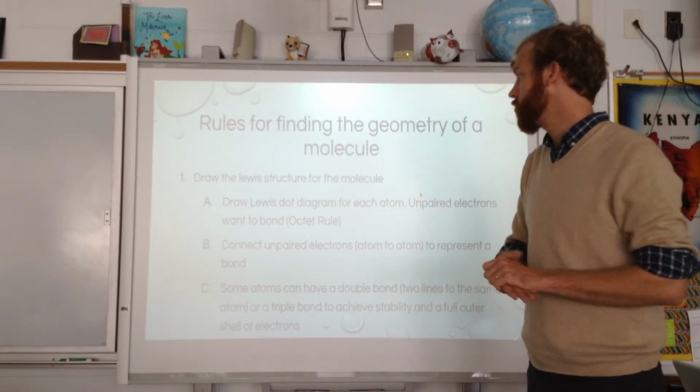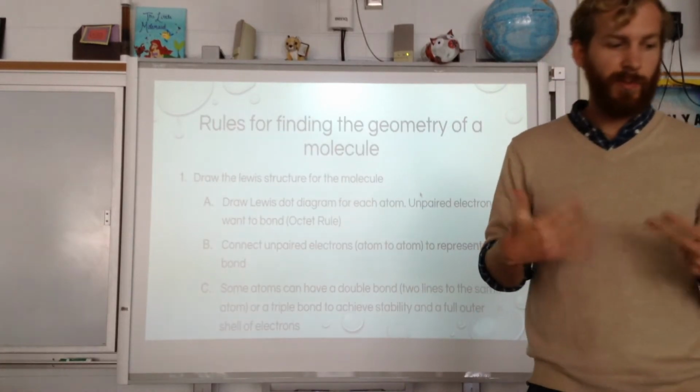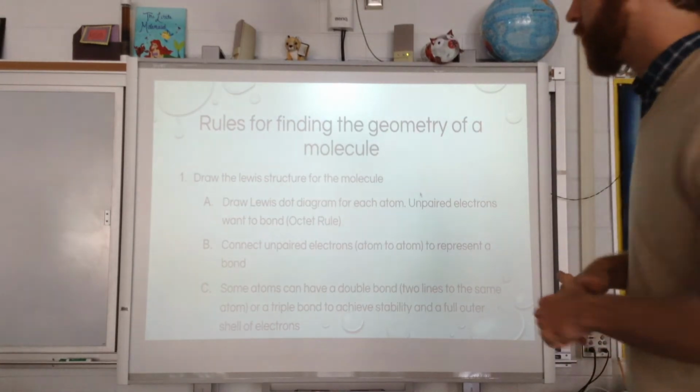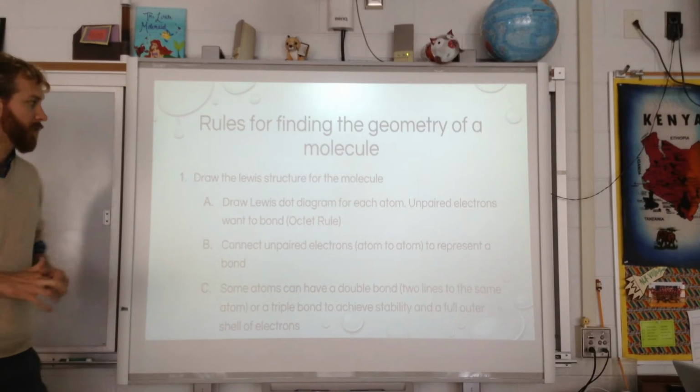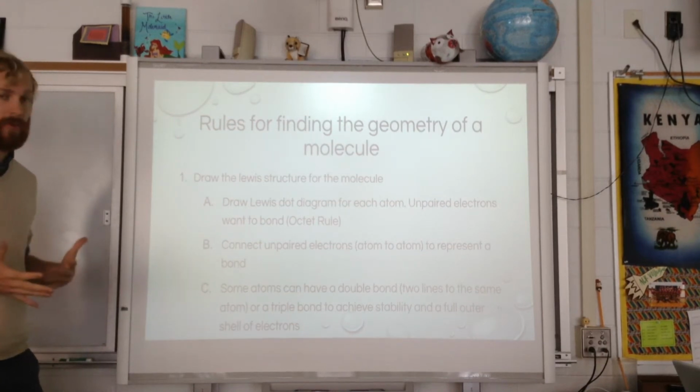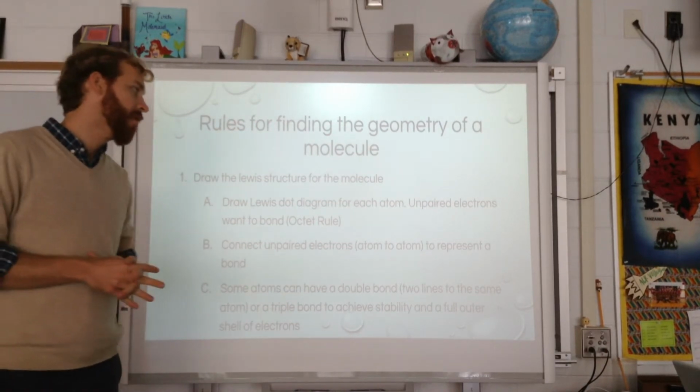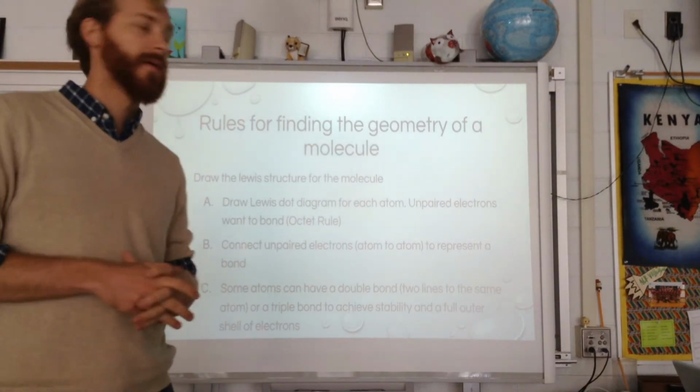Here we go. Let's do some examples, but before we do the examples, we've got to talk about the rules. The first thing we want to do is draw the Lewis structure for the molecule. How do we do that? Well, we can draw the Lewis structure for each atom.